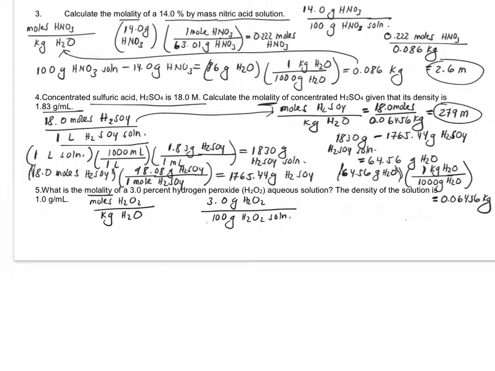We can convert the 3.0 grams of hydrogen peroxide to moles using the molar mass. So that would be 0.0882 moles of hydrogen peroxide.